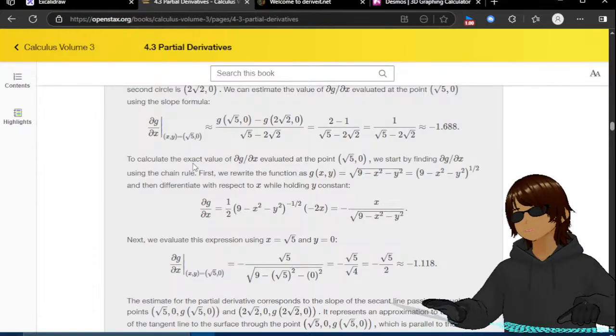To calculate the exact value, we start by finding the partial of g with respect to x using the chain rule. First, we rewrite the function as this, then we differentiate with respect to x while holding y constant. Next, we evaluate this expression using x equal to root 5.